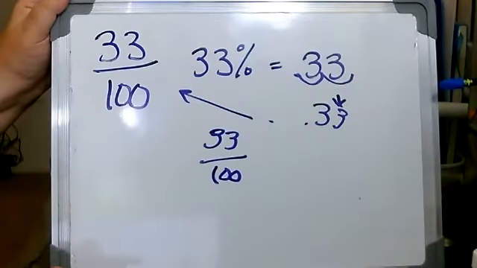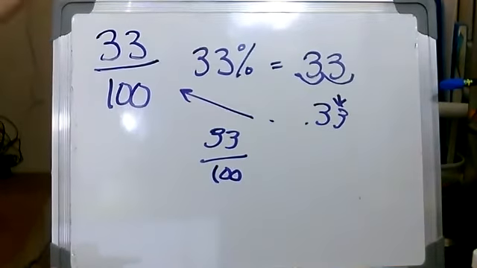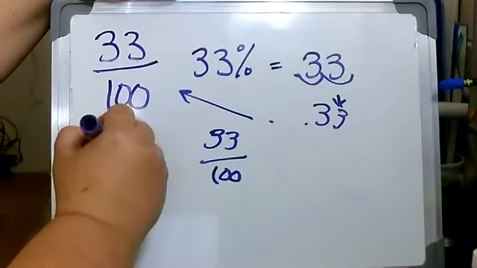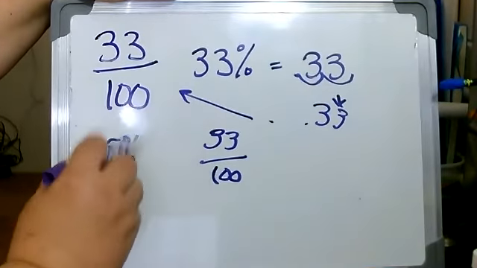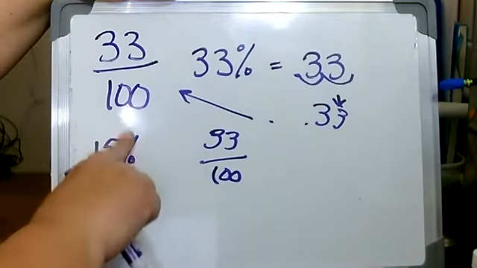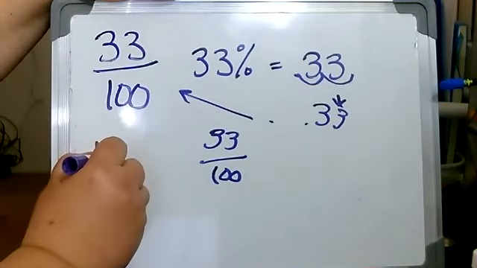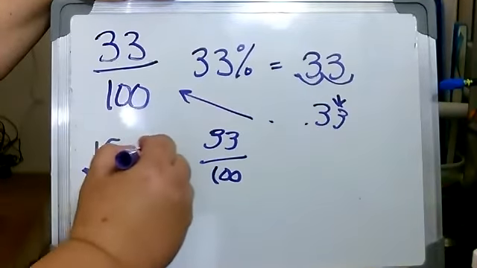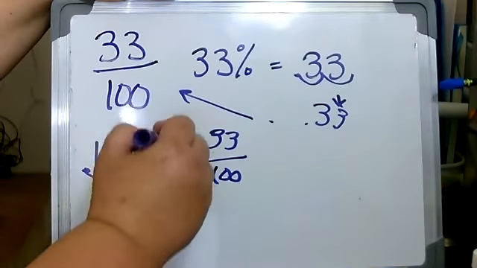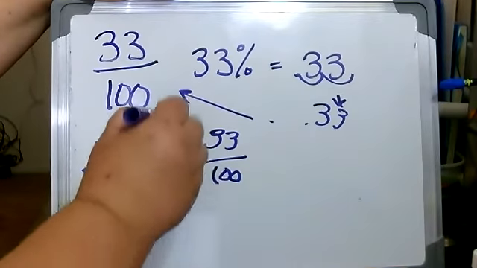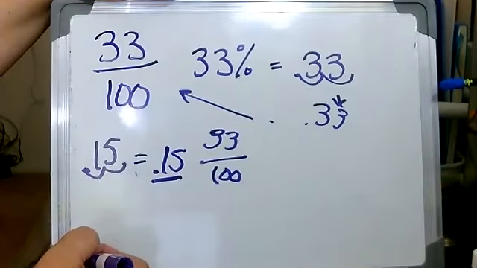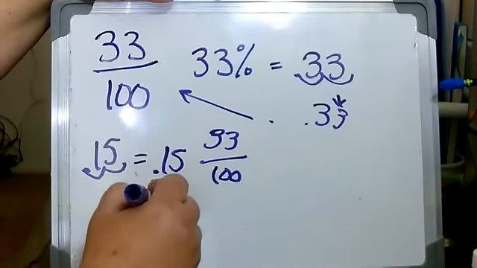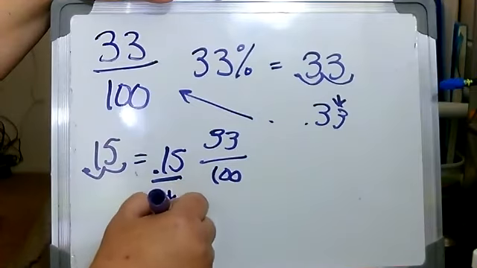Okay, so back to that 15%. If you want to make it into a decimal, you would start here and go over to the left 2 times. And so the decimal equivalent of 15% is 0.15, which is 15 hundredths, which means that it goes 15 over 100.